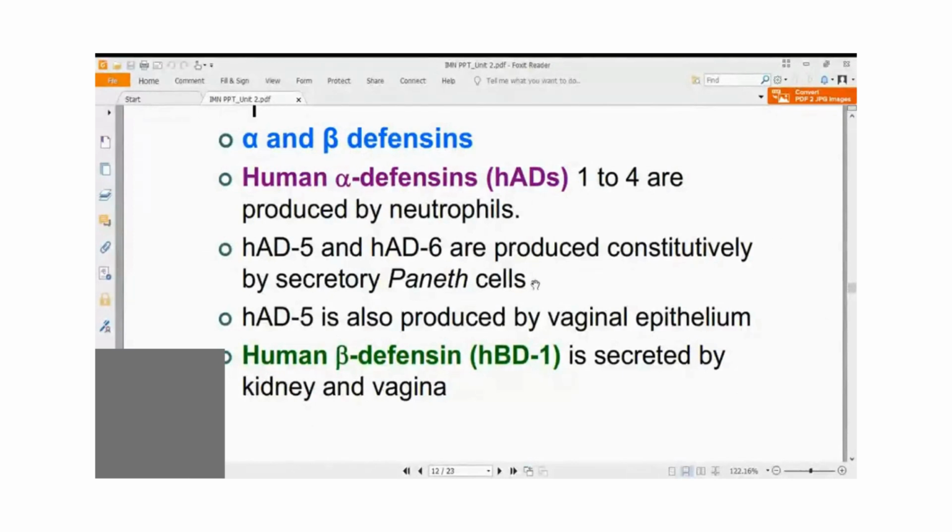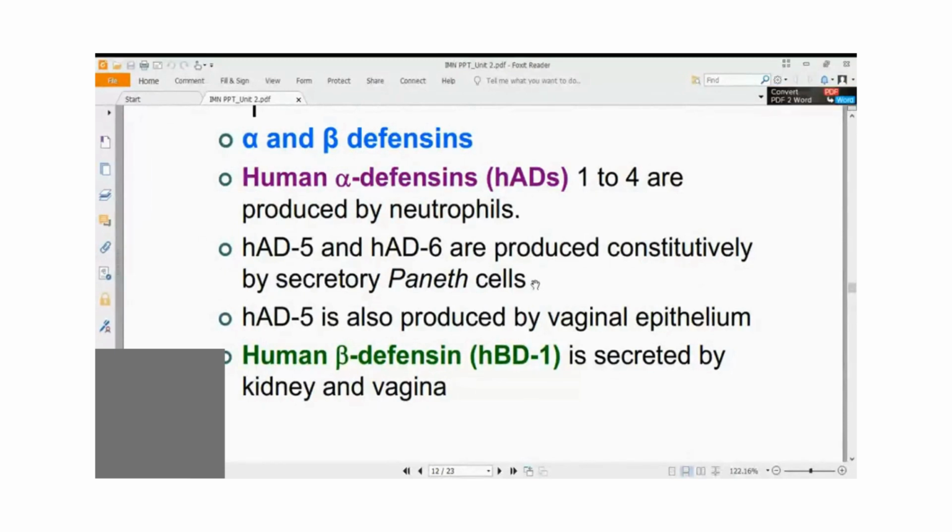At the bottom of the finger you have that junction, and that part can be compared to the crypt. And these crypts contain Paneth cells. These Paneth cells are modified epithelial cells, and they secrete human alpha defensin 5 and alpha defensin 6, and that is copiously poured onto the mucosal surface of the epithelium of the intestine. That is how they protect.